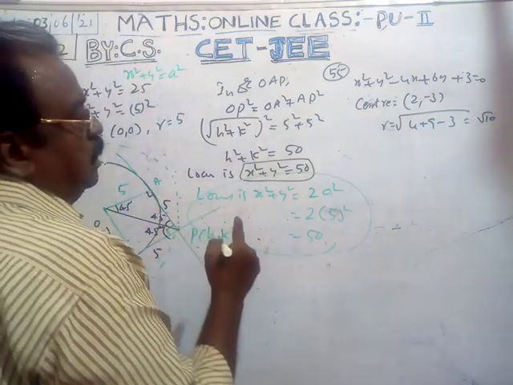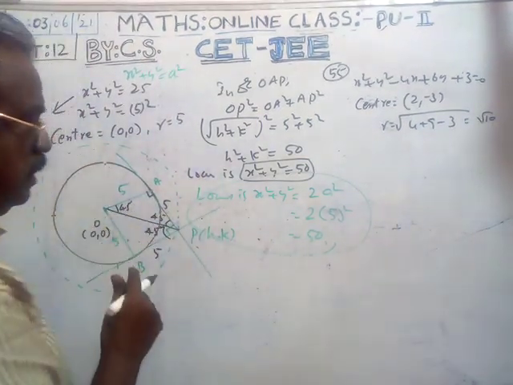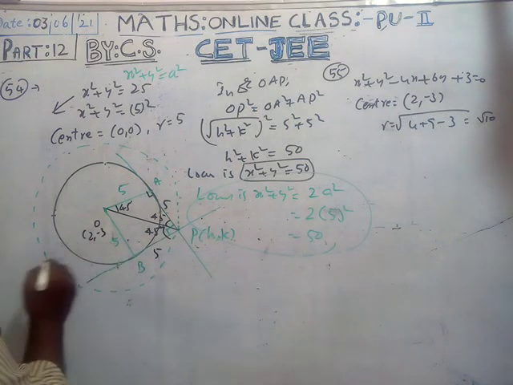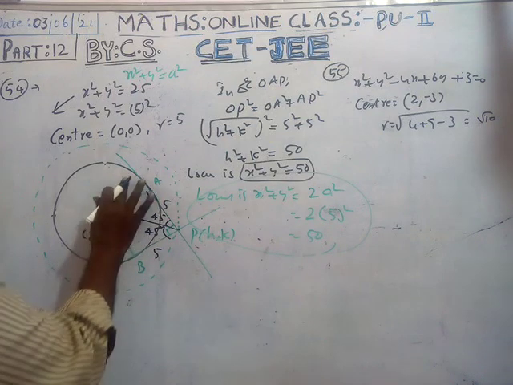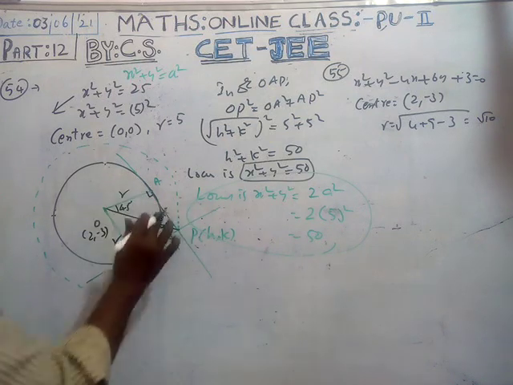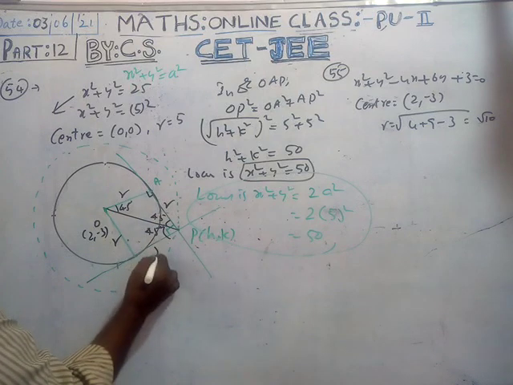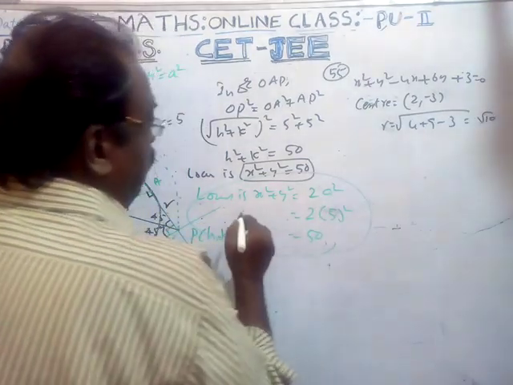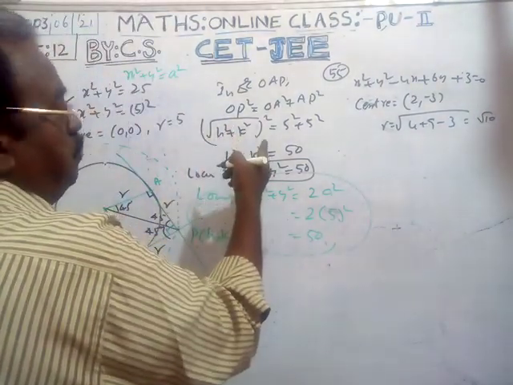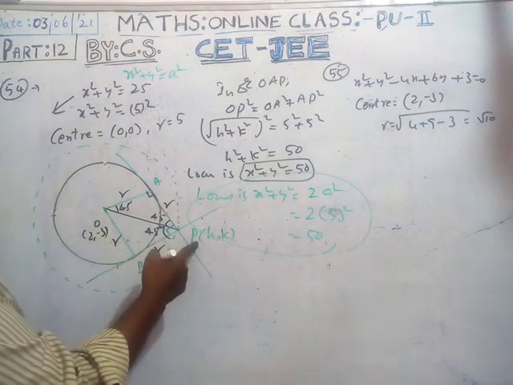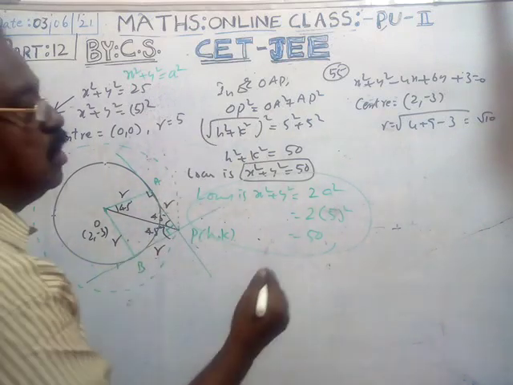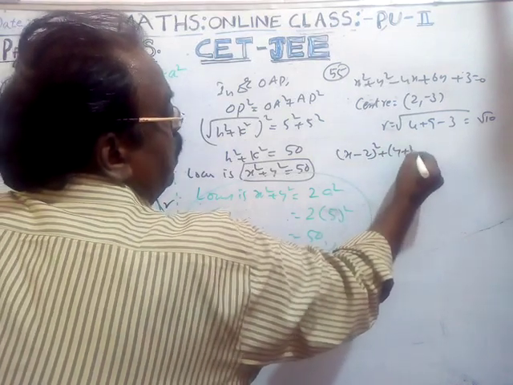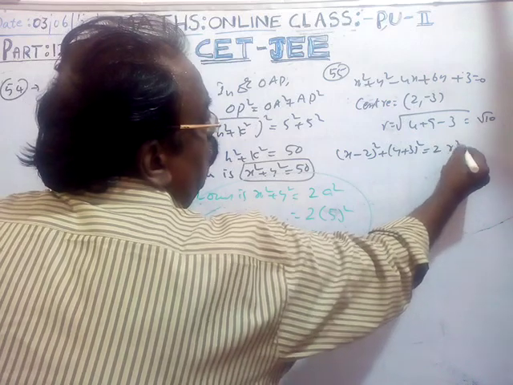The formula is very simple, same concept. Just here the center changes to (2, minus 3). The radius we assume is simply r. Here OP square, where the center is (h, k), is x minus 2 whole square plus y plus 3 whole square is equal to 2r square.